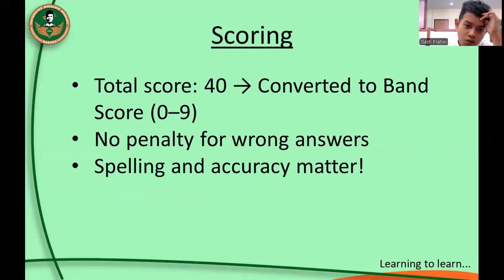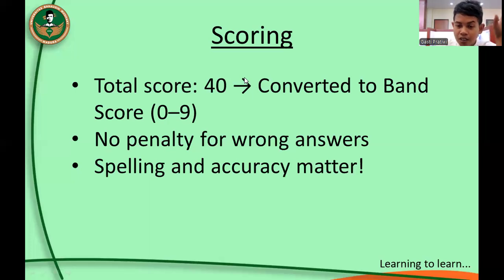And scoring. The total is 40, and the score out of the 40 questions can be converted to a band from 0 until 9. If you get 9 as your band score in IELTS, we can say that your English language proficiency level is like that of native English speakers.